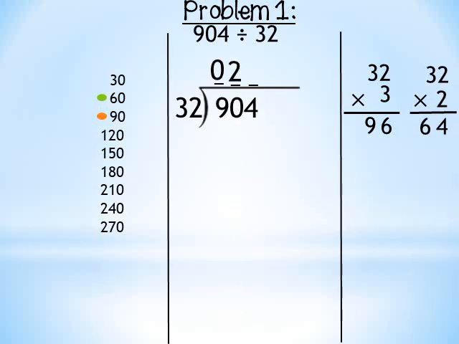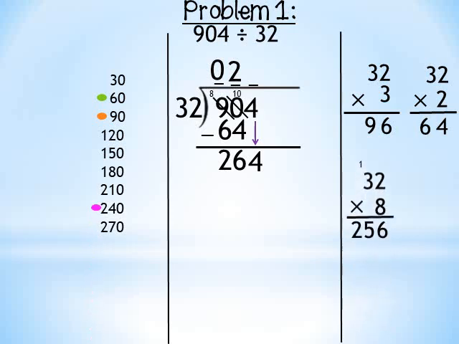So I'm going to put my 2 up into my quotient, and I'm going to put my 64 below, draw my line, and subtract. Make sure you use your subtracting rules. When you subtract, you get 26. You're going to bring down that 4 next to the 26, and now you have the number 264. 264 falls between 240 and 270, and I think that 270 might be a little too high, so let's try 240.